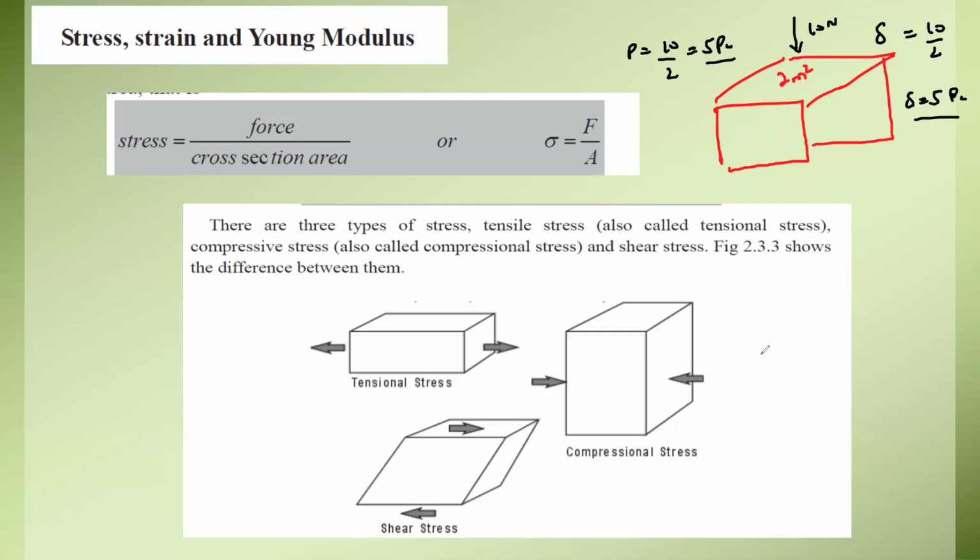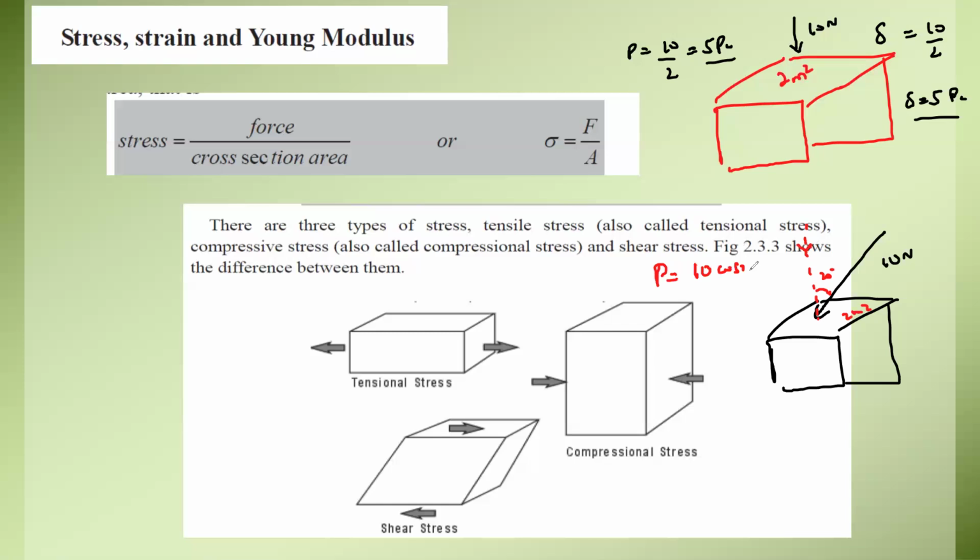But what if the force is not exactly perpendicular? The force of 10 Newton was making a certain angle, say an angle with the vertical of 20 degrees, and the area is again 2 meters squared. If I want to calculate the pressure here, I will take the perpendicular component. In that case, it will be 10 cosine 20 divided by 2 meters squared.